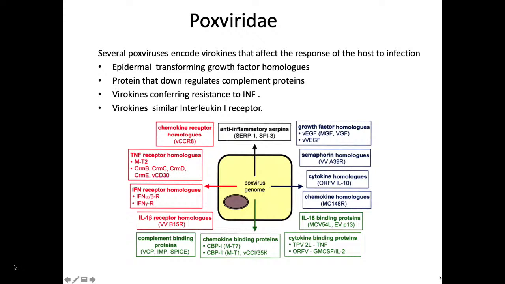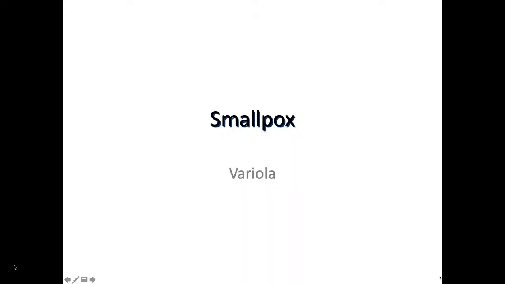They also have several strategies to block the interferon response, and to block inflammatory reactions by producing interleukin-1 receptors. So they have huge genomes, and they encode up to 200 or even more proteins.